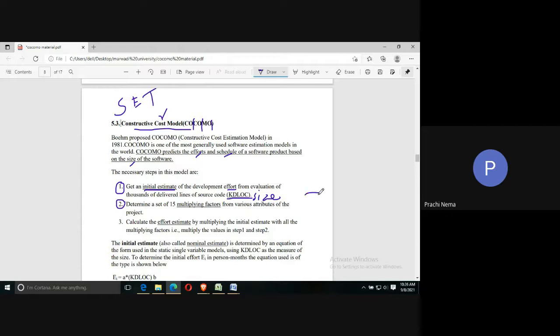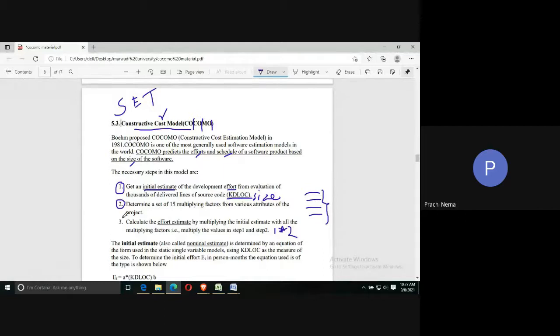So there are categories of attributes which involve 15 multiplicative factors. Using those, we will determine the effort and time. And finally, we will multiply the step 1 result with step 2 to get the final result, the cost of the model or of the software.